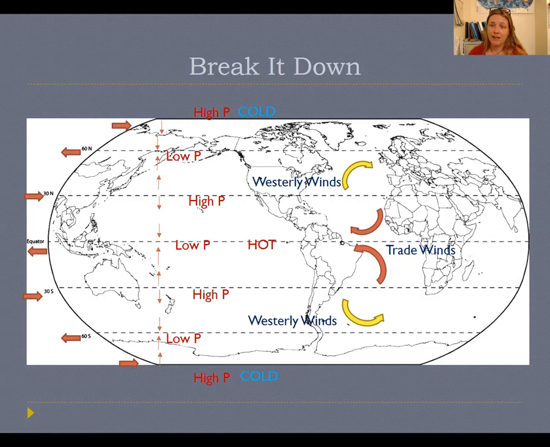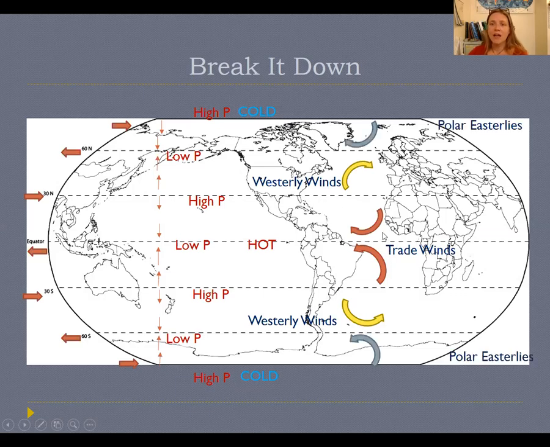They're being deflected to the right in the northern hemisphere, to the left in the southern hemisphere, or we could think of the fact, since they're moving away from the equator, they're moving from an area of faster rotational velocity to an area of slower rotational velocity. They're going to end up moving faster than the other objects and materials in the place where they end up. They're going to overshoot their target and end up to the east. So we have these winds that are called westerly winds because they move from the west to the east, and they're mirror images across the equator.